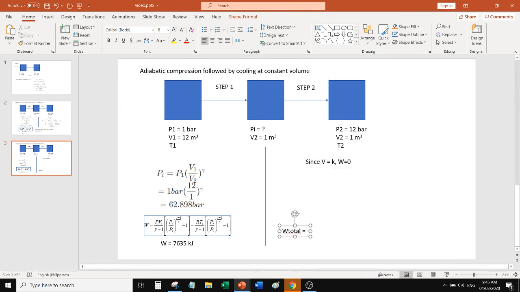Work total equals work 1 plus work 2, but since work 2 is 0, this is just equal to 7635 kilojoules. And then just like the previous problem, since temperature is constant from state 1 to state 2, delta U is 0 from state 1 to state 2. Q is just negative work.